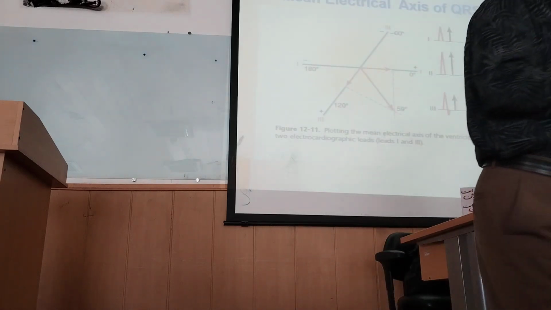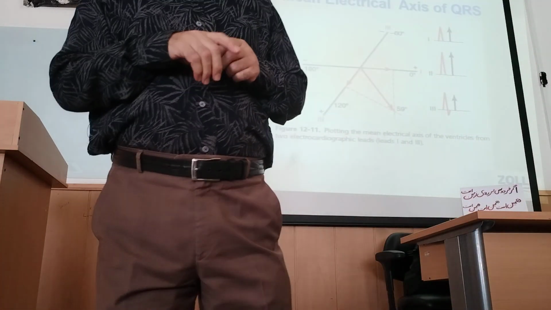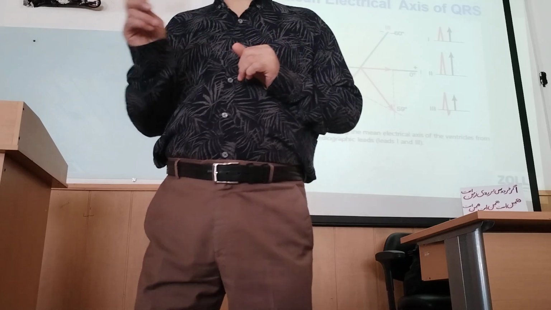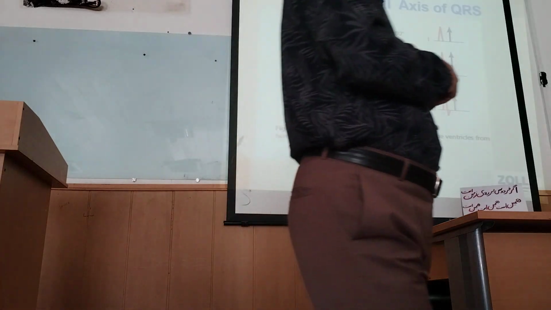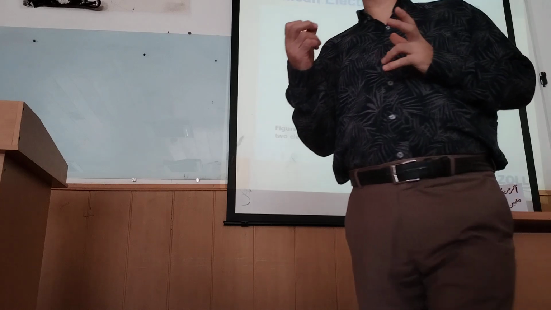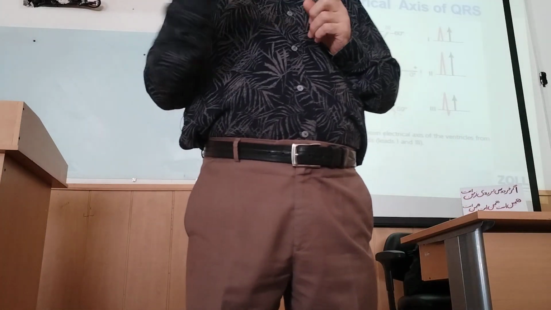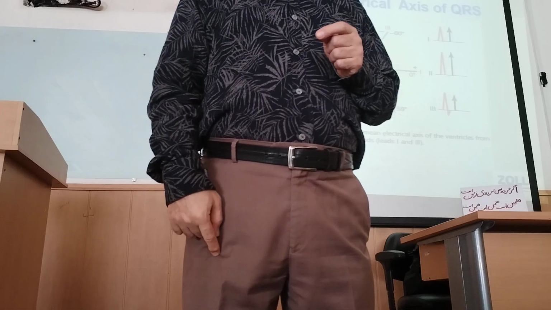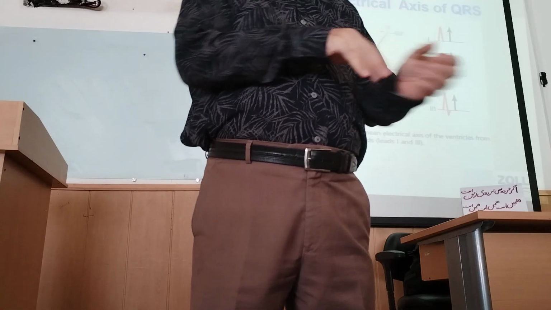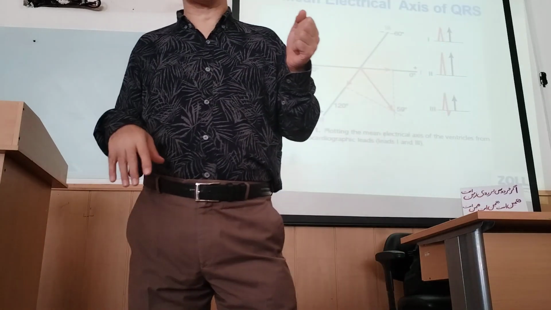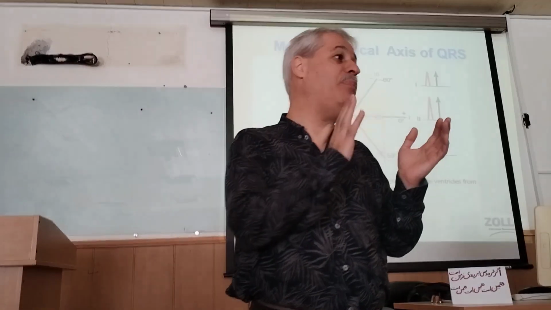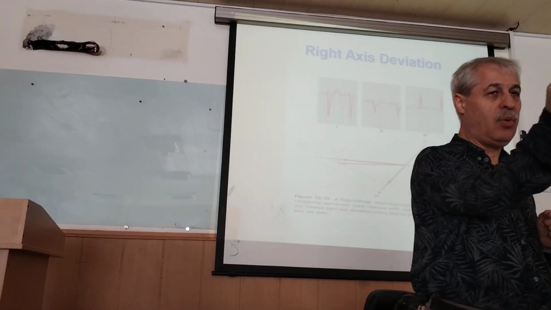After that, during 1934 up to 1938, an American physiologist by the name of Dr. Wilson thought that if we can connect the right hand, left hand, and left leg cables to a high resistance source and make them zero, which are actually connected to the negative pole, then we have a positive pole at our hand.